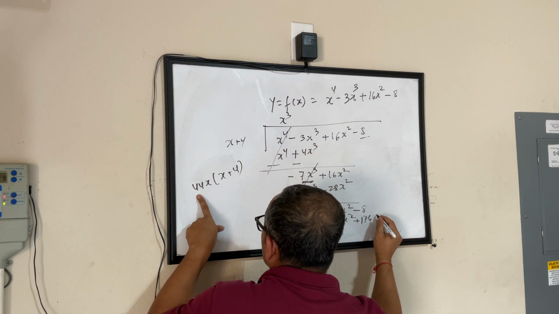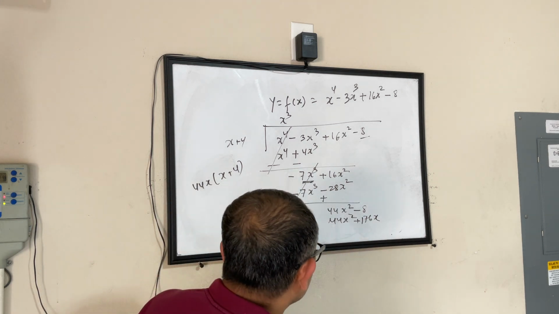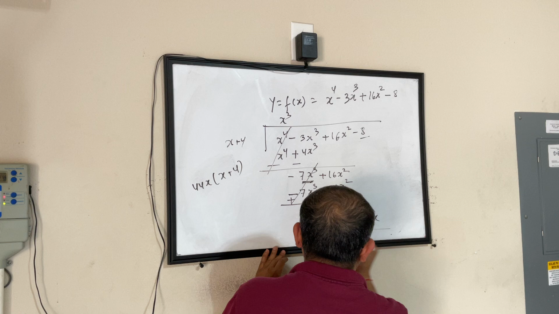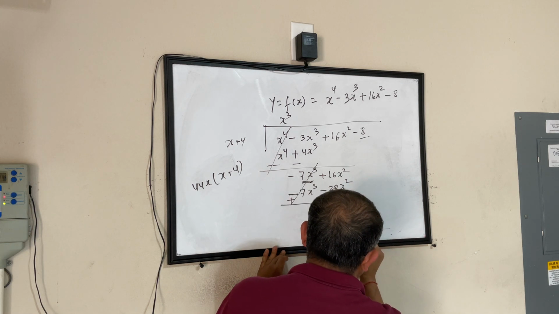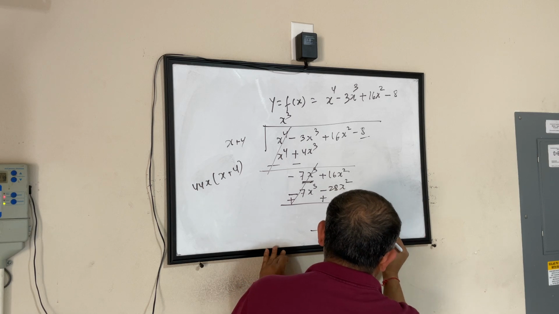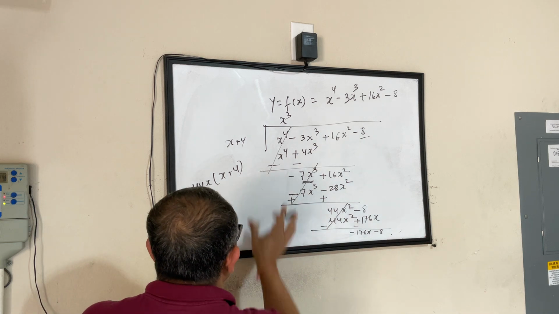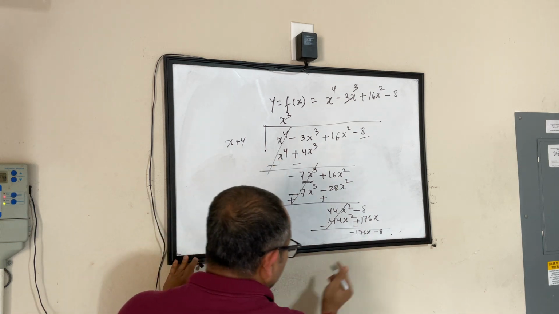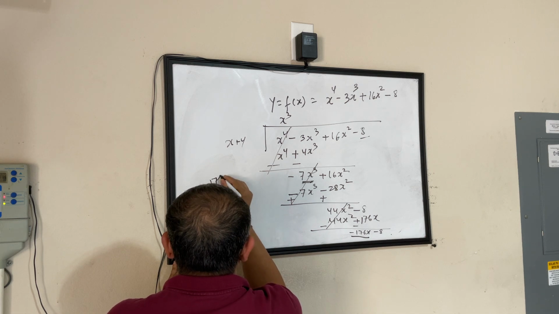Then this becomes minus, these two knocked off. Then you are left with minus 176x and then minus 8. So the other thing that you have to do is, to get minus 176x, you have to multiply this by minus 176.